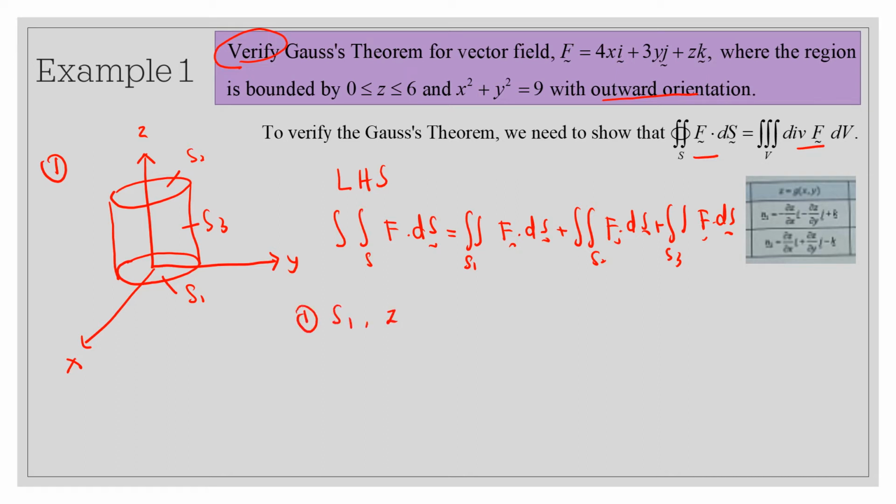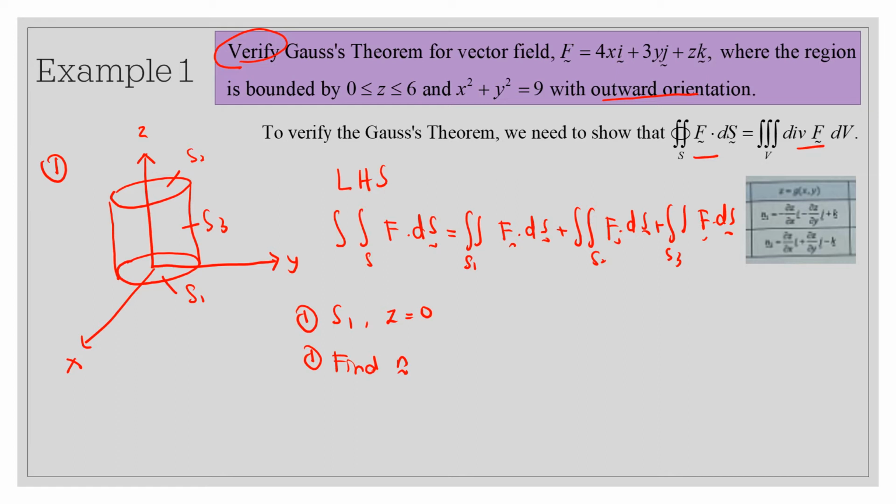Okay, S1 here, z equal to 0. Okay, remember the steps to find surface integral. Okay, first step we need to find n. So n here is, S1 is a circle, so it is a non-parametric surface.